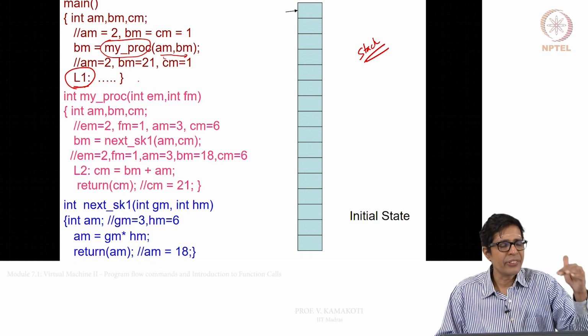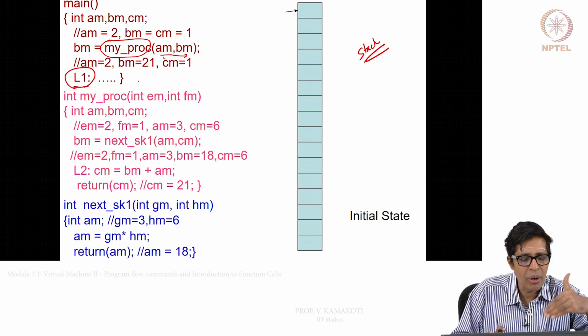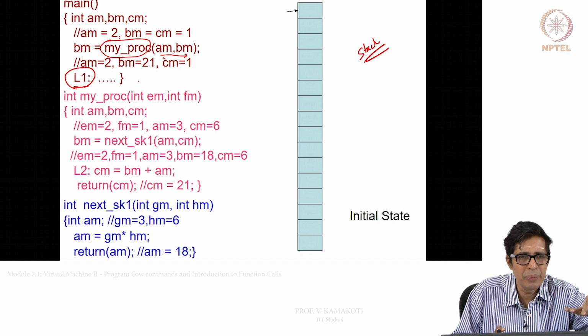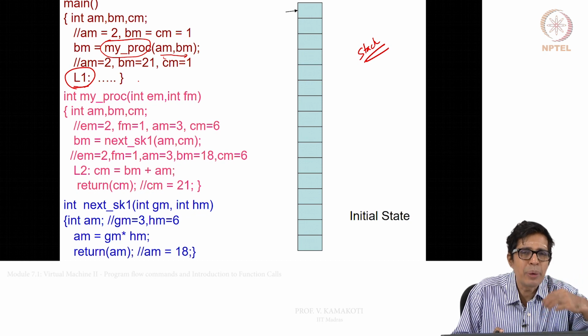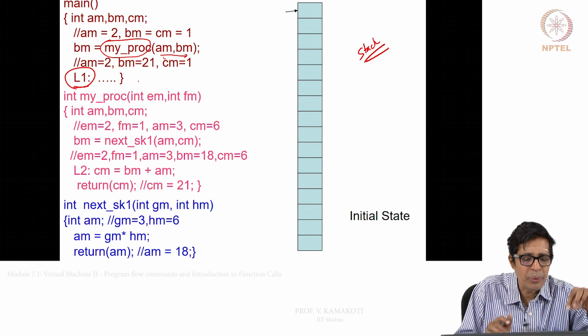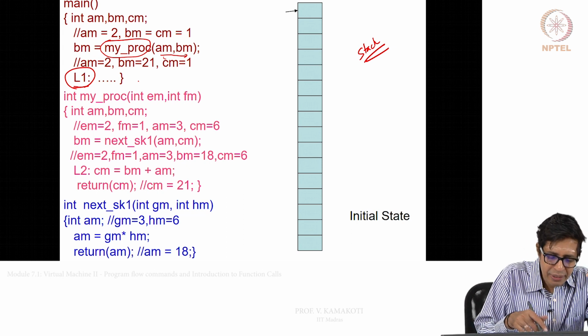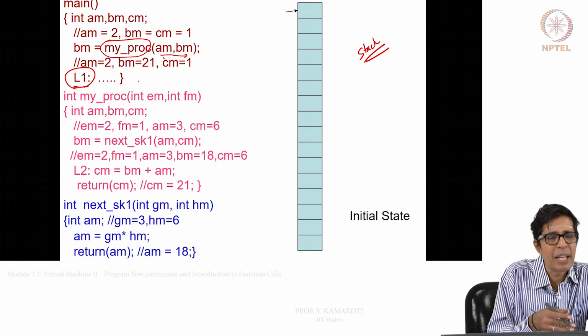What happens is the calling function basically makes a call after pushing the arguments into the stack. It provides the arguments and then it calls myproc. After myproc finishes, myproc returns a value. After that, it starts exactly at the point where it left. So, after calling myproc, it comes here, and after myproc returns, it comes and starts again from L1. Okay.